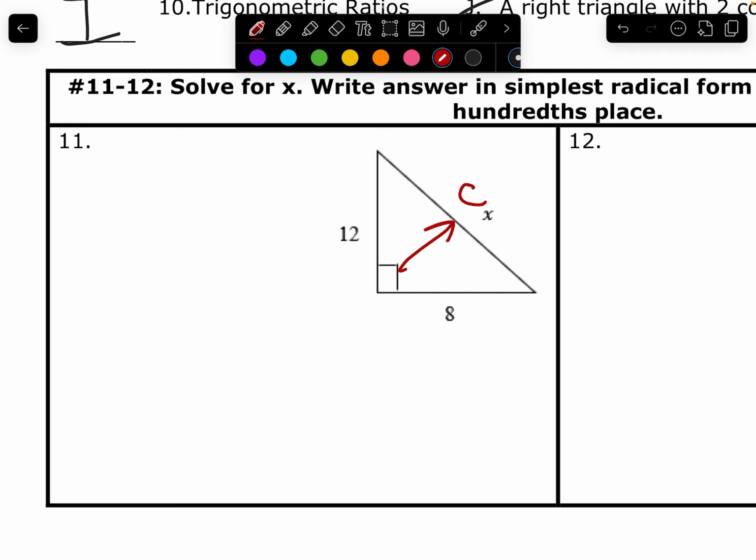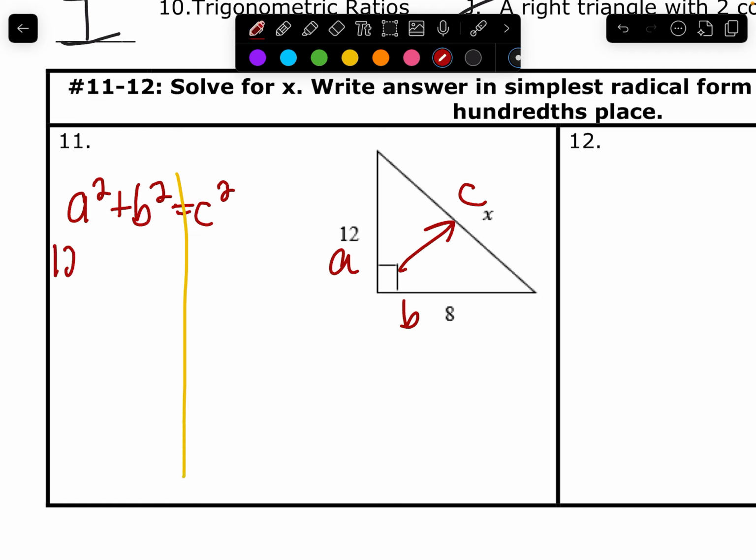So this could be A, this could be B. A squared plus B squared equals C squared. We're just going to plug in what we know. A is 12, B is 8, and C is unknown, so I'll put the X there. Now we're going to solve for X.